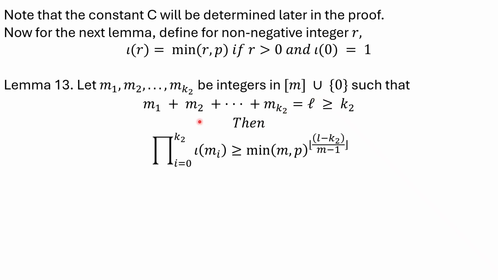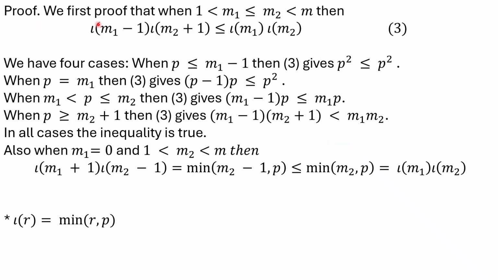Then, if we multiply L_mi for each i between 0 and k2, this is greater or equal to the minimum of mp to the power of L minus k2 divided by m minus 1. We first prove that when m1 is greater than 1 and less than m2, m2 is less than m, then this inequality right here holds.